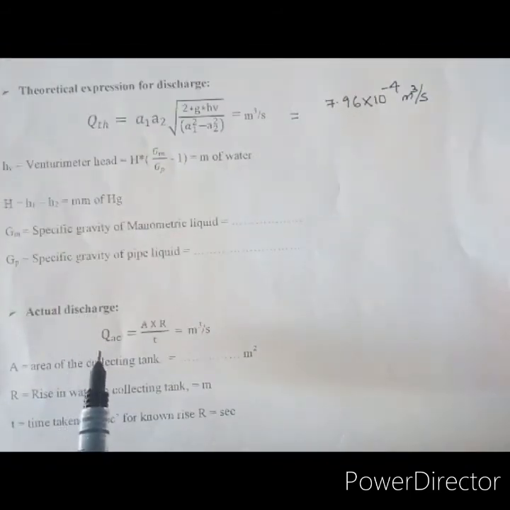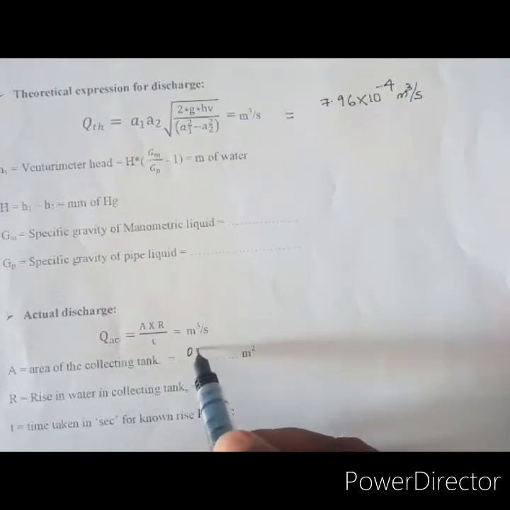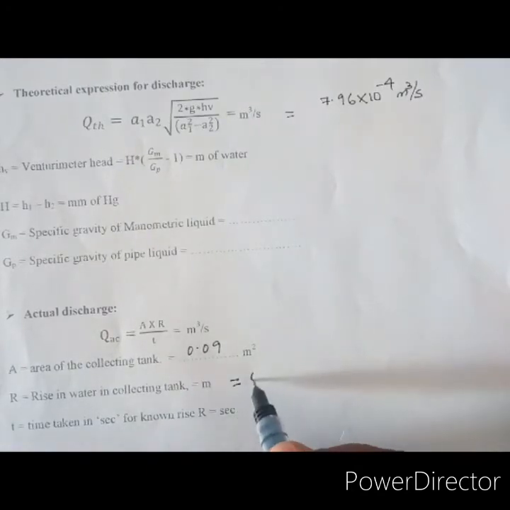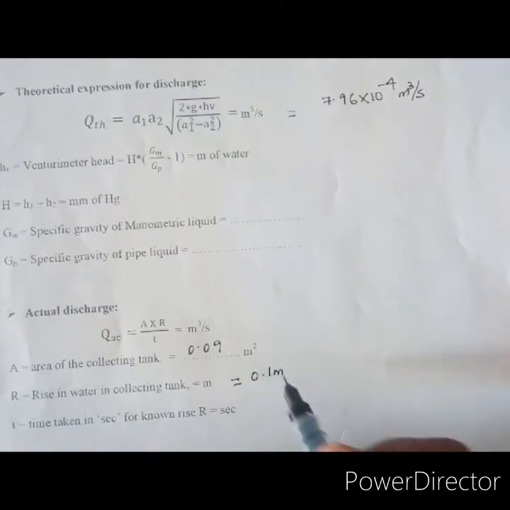The actual discharge through an Orificemeter is given by the formula Q actual equal to A into R divided by T, where A stands for the area of the collecting tank, which is 0.09 m². R is the rise in water in the collecting tank, which is kept standard at 0.1 meter, and T is the time taken for the 0.1 meter rise in the water tank.